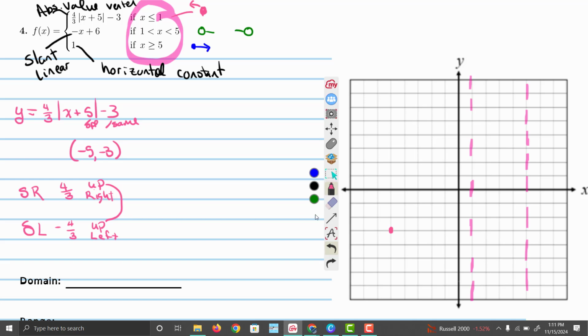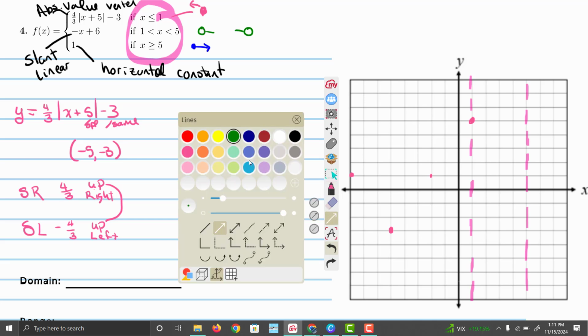Those match, so that's telling me I did it right. So if I went up 4, right 3, up 4, right 3, and at that wall I'm at a closed dot, so I'm going to fill it in with a closed dot. Now going back to the left, go up 4, left 3, and now I'm going to draw in those lines.